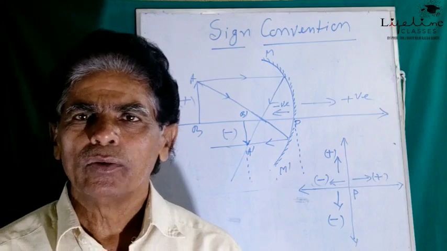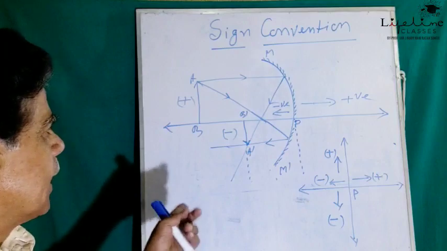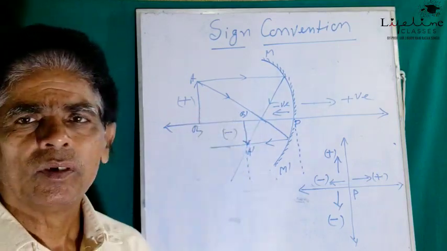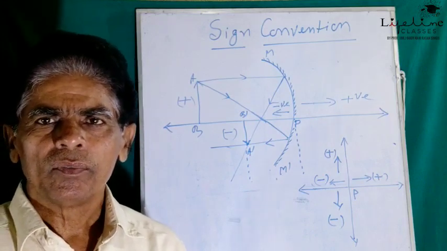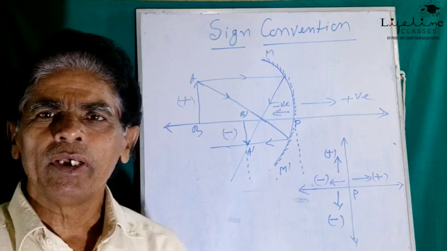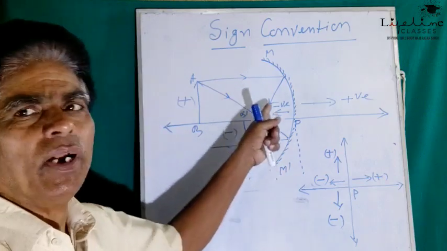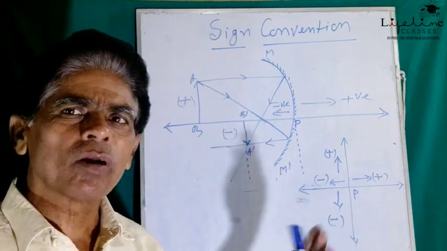So there are certain rules regarding this, known as sign convention. First of all, we see here, when the ray diagram is drawn, the object is always placed left of the mirror, whether the mirror is convex or concave.